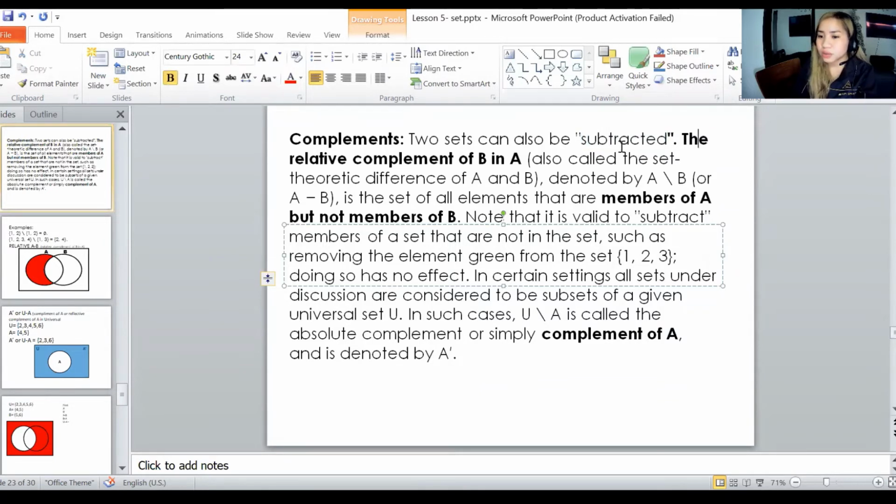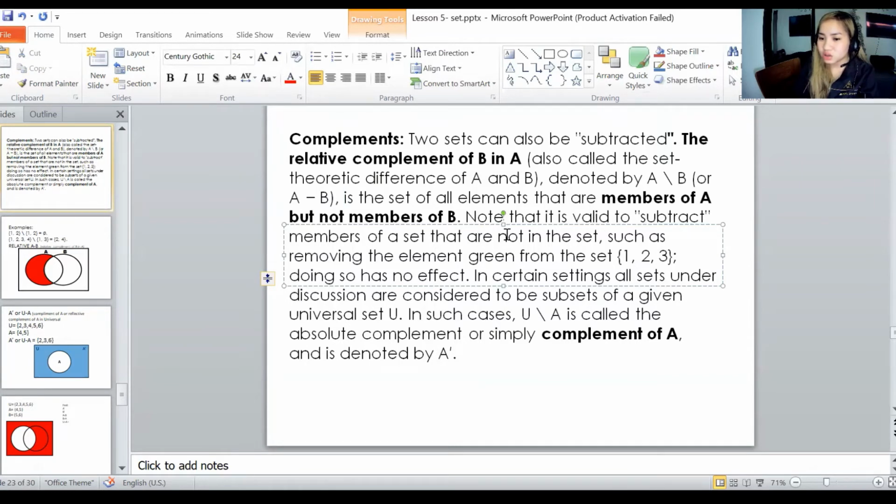And the relative complement of B in A, also called the set-theoretic difference of A and B, denoted by, ito po siya, parang i-divide pero pabaliktad, or, ayan, A, tapos may minus tsaka B. Pero ang basa po dyan is the relative complement of B in A is the set of all elements that are members of A but not members of B. So sabi dyan, yung mga member daw po or elements dun sa set A na wala sa set B.